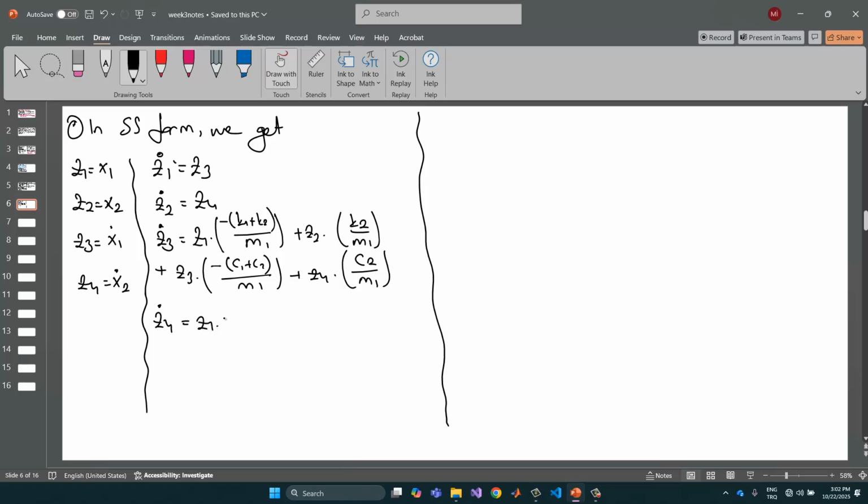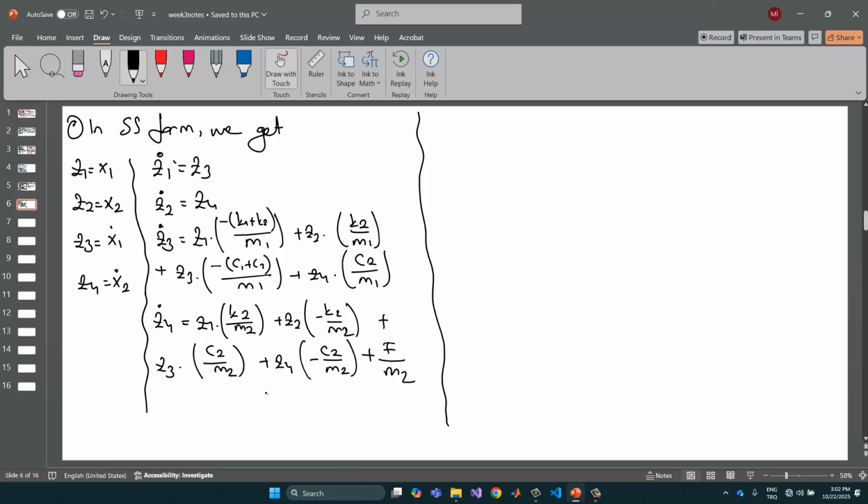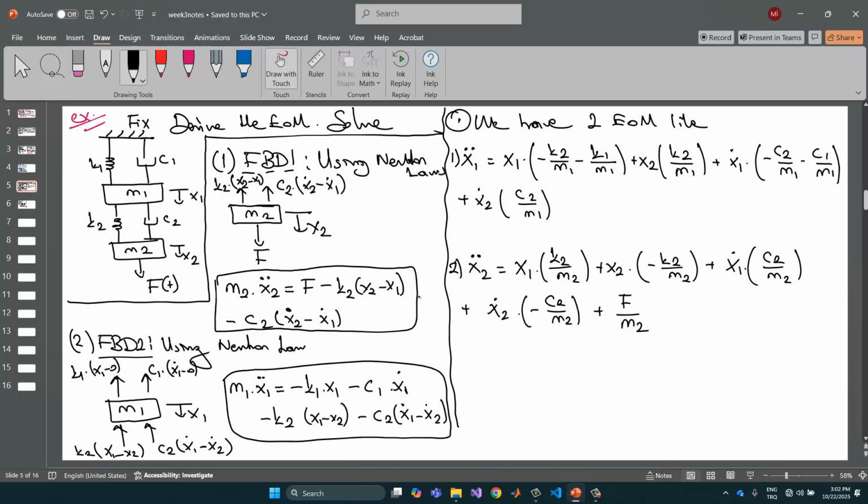This is z1 times k2 divided by m2, plus z2 times minus k2 divided by m2, plus z3 times c2 divided by m2, plus z4 times minus c2 divided by m2, plus f divided by m2. Where is it coming from? This is coming from the second equation.